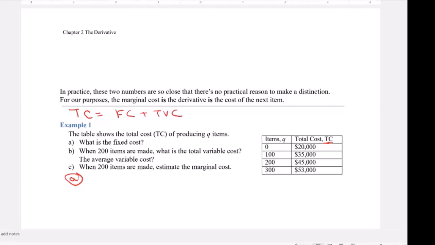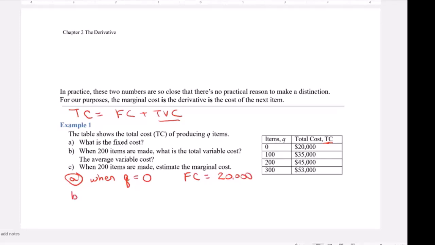How could I find that? Well, if I produce nothing, which is what the total variable cost comes from, then I can say when Q equals 0, which means I'm producing nothing, whatever my cost is has to be fixed cost. So fixed cost is going to equal $20,000.